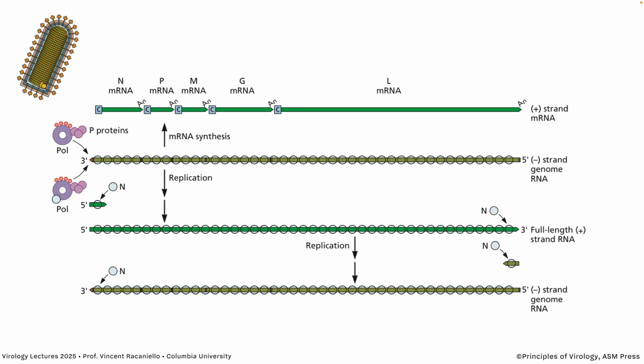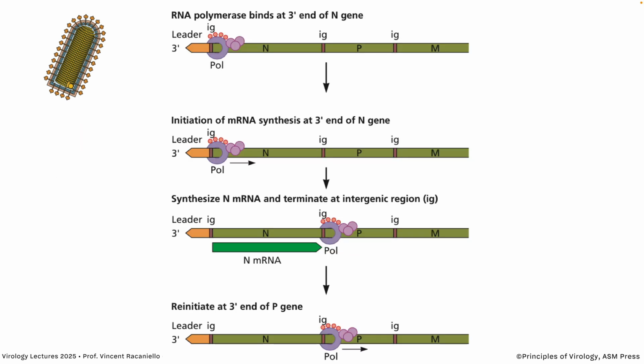It undergoes what we call anti-termination, and I believe I have a diagram of that. So when the N proteins reach a certain level, the mRNA synthesis stops and we switch to full-length plus strands, and those are then copied to make full-length minus strands. So that's what I mean by a switch between mRNA synthesis and full-length plus strands.